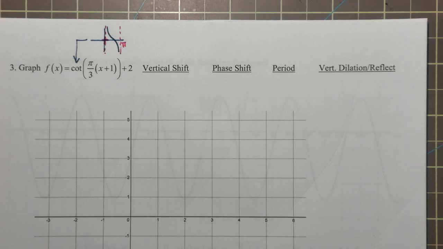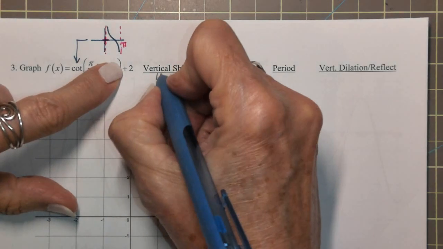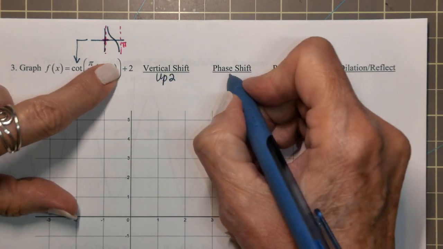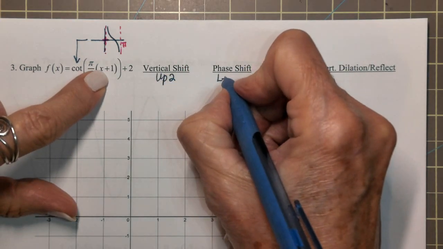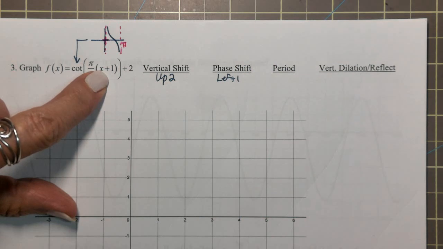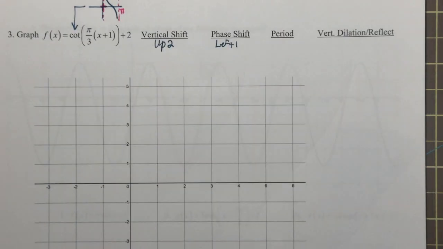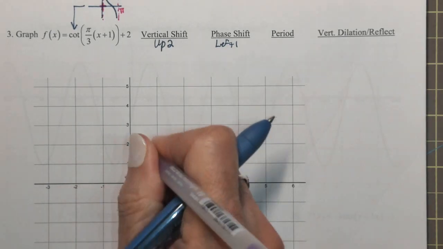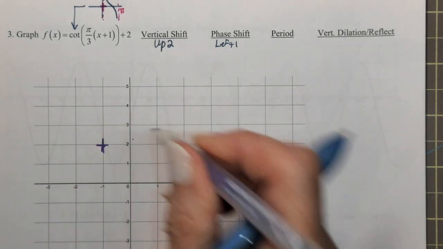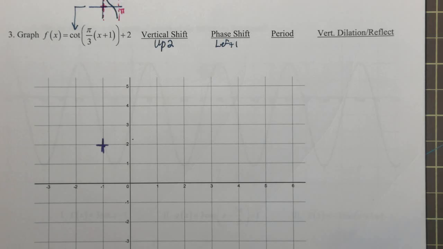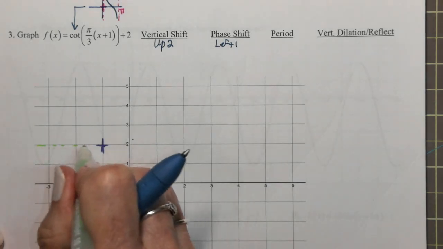Okay? Alright, shifting. Vertical shift is up 2. Horizontal shift is left 1. So I'm going to go get my new origin. Up 2, left 1. Up 2, left 1, new origin. I'm going to do my center line.